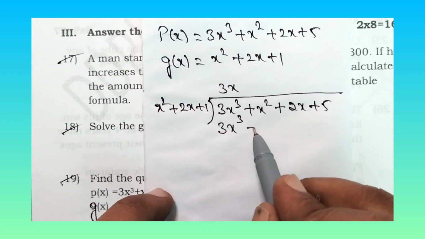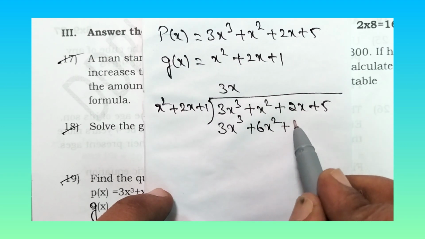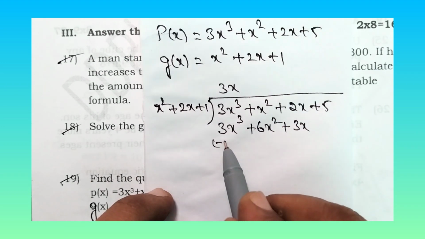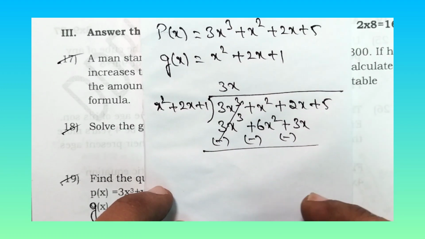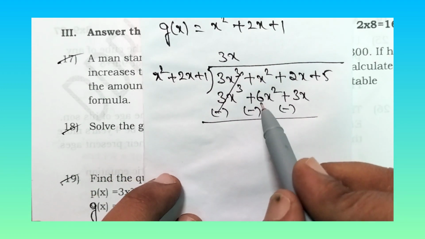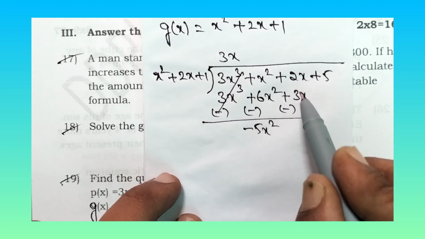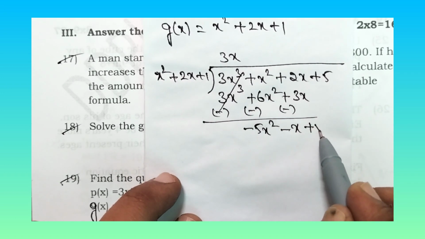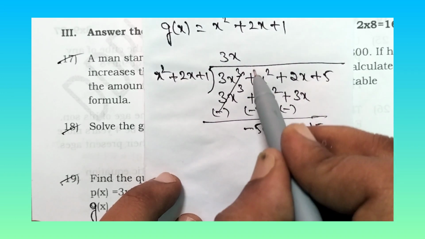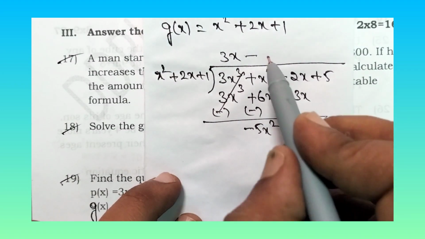2x into 3x will become 6x square. 1 into 3x will become 3x. So plus becomes minus, plus becomes minus, plus becomes minus. So 3x cube minus 3x cube cancel. Minus 6x square plus 1x square is minus 5x square. Plus 2x minus 3x is minus x, plus 5. Here x square is there, but here 5x square is there.